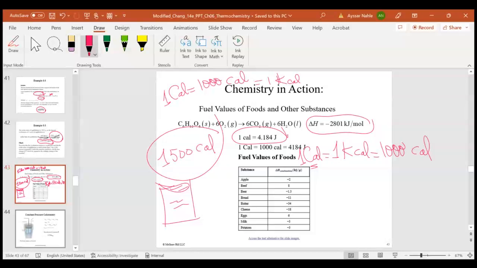Now, in here, it might say 1.5 calories with a small c. What does 1.5 mean? It's 1.5 kilocalories, meaning 1,500 calories.